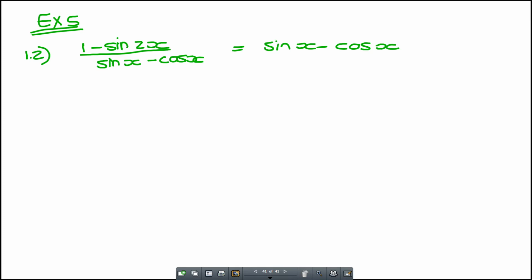Okay, so I'm going to work with the left-hand side, die linkerkant, right? So the top part of that equation, 1 minus sine 2x, I can change to, the 1 is the same as cos squared x minus sine squared x, no, okay?